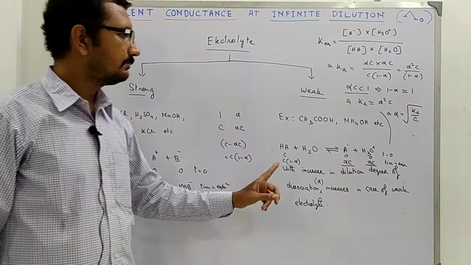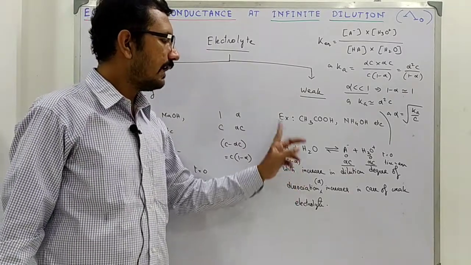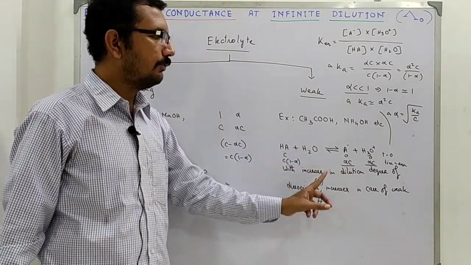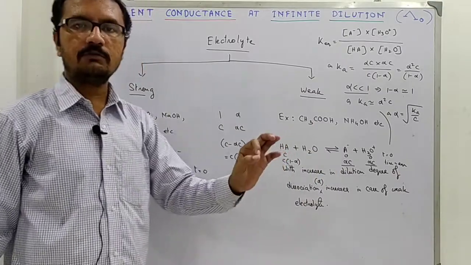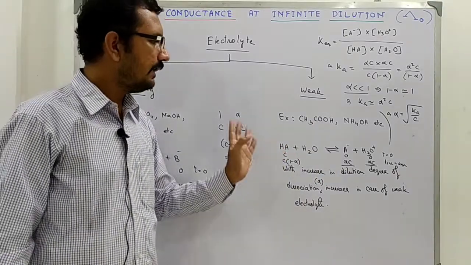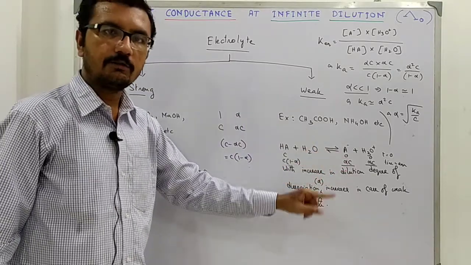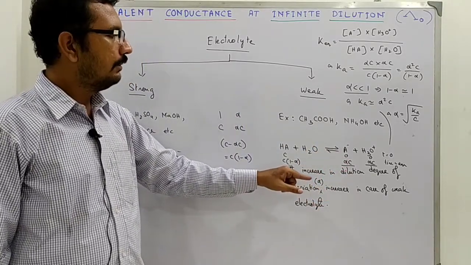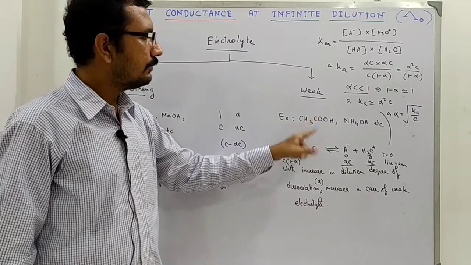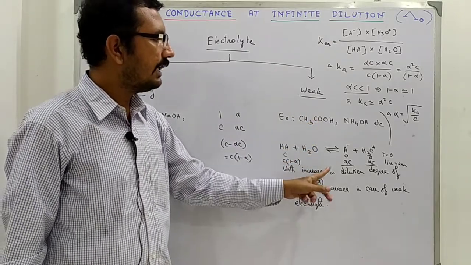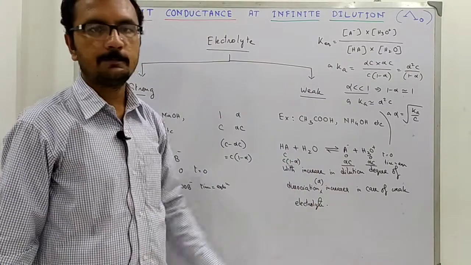But here, since at high concentration the dissociation is very poor, so we have small number of ions, so there is very less attraction between the oppositely charged ions even at high concentration. So the concept of increase in ionic mobility with dilution does not play here.